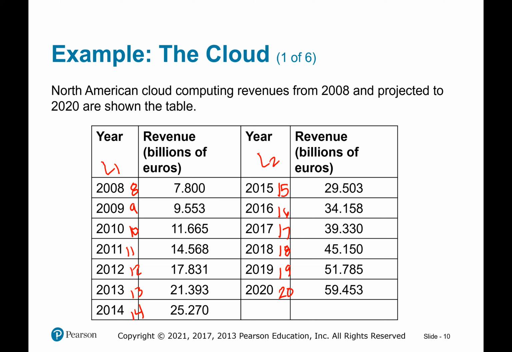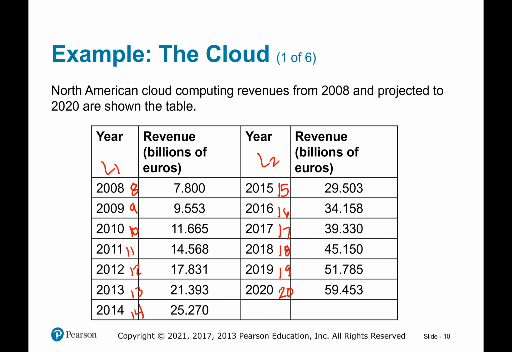7.8. 9, 9.553, 10, 11.665, 11, 14.568, 12 is 17.831, 13 is 20. 2018. What did I miss? 2018 is 45.150.